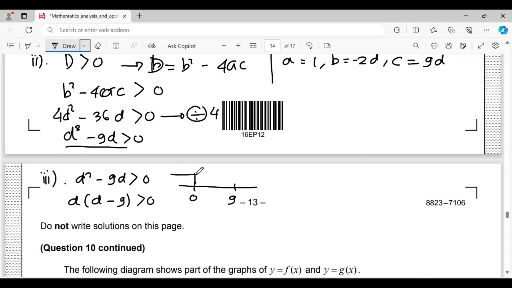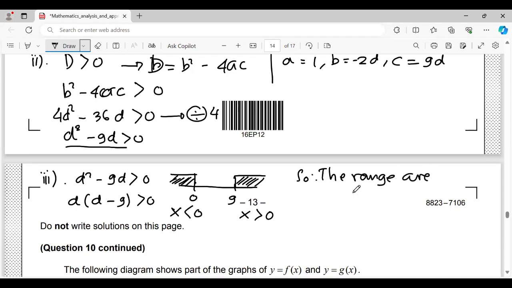The solution areas are here and here. So this area is d less than 0, and this area is d greater than 9. So the range is d less than 0 and d greater than 9.